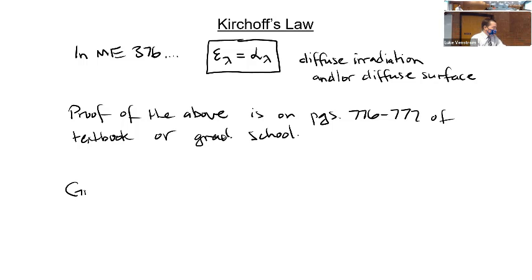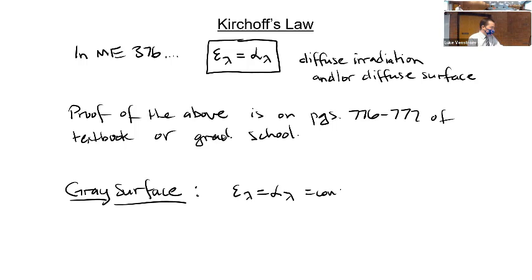All right, now, there's also an important type of surface called a gray surface. So this is Kirchhoff's Law, this link between the two. In a gray surface, the properties are constant, and the spectral data is constant over all wavelengths.